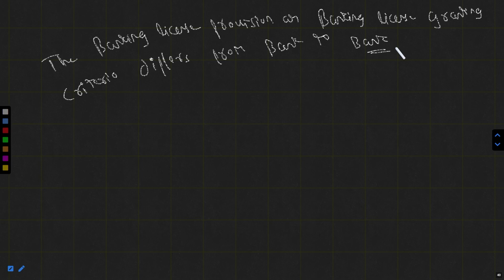All right, because we have many types of banks, and we have a different, fully detailed lecture on types of banks. But right now, as we are discussing the licensing criteria, we will just have an overlook on the types of banks.